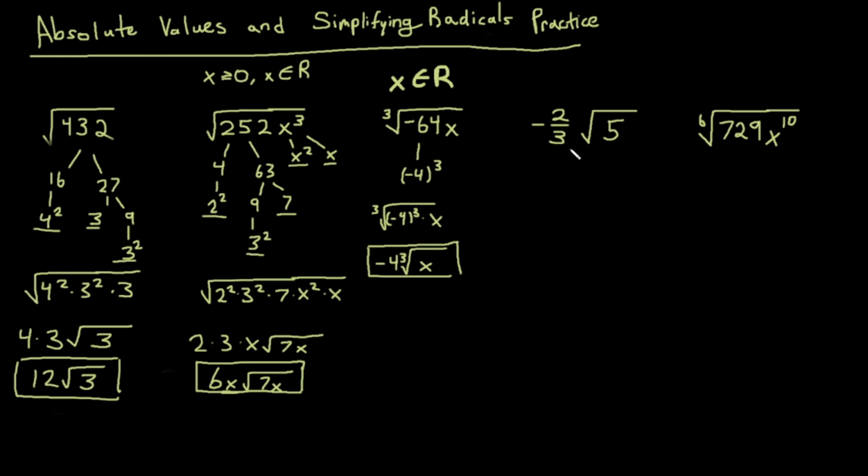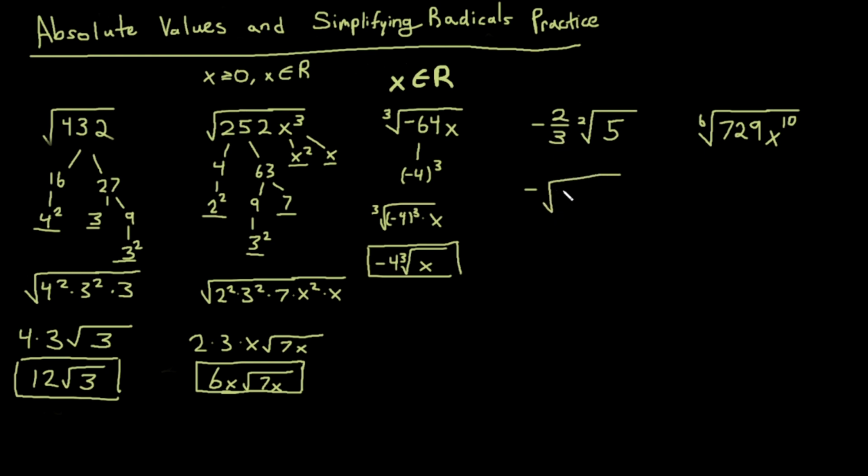Now, let's convert this into an entire radical. So we know our index is 2. So we'd have to bring our coefficient value inside while squaring it. So first we put our negative here, and we'd bring our 2 over 3 inside.